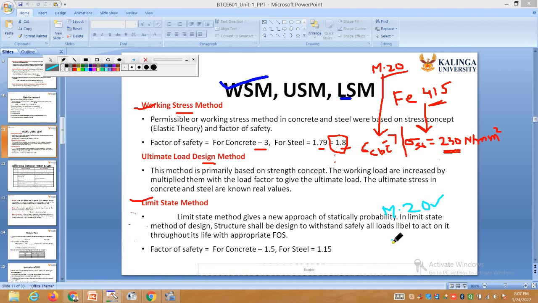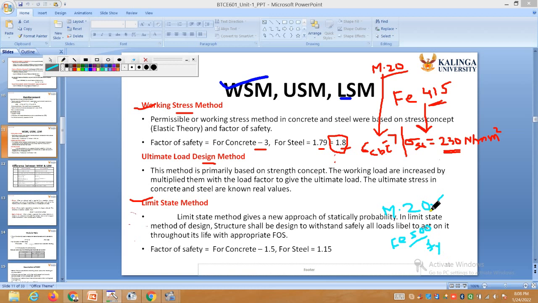If HYSD Fe 500 steel bars are used in a structure, designers are taking 500 newton per mm square tensile strength as it is in design. In the limit state method of design, we use such abbreviations. FY, yield strength. We are taking 500 as it is.